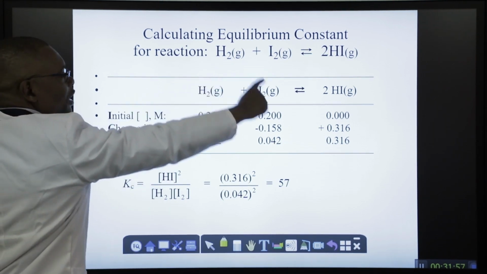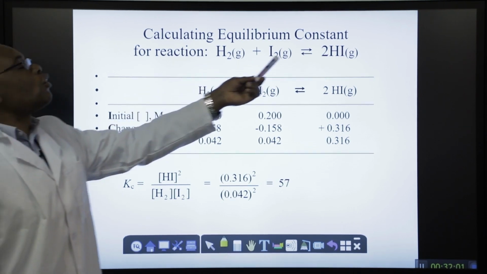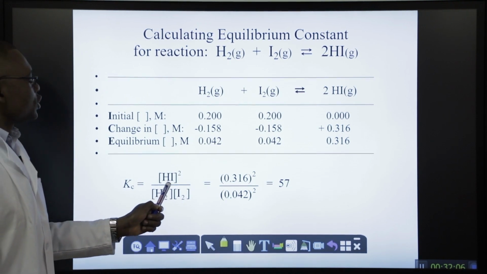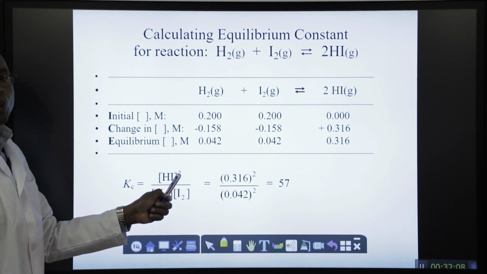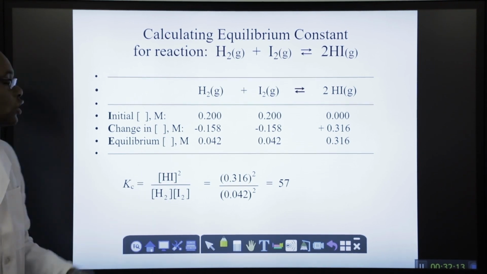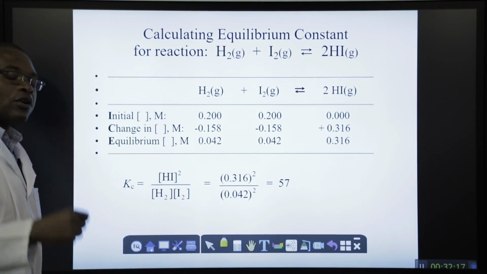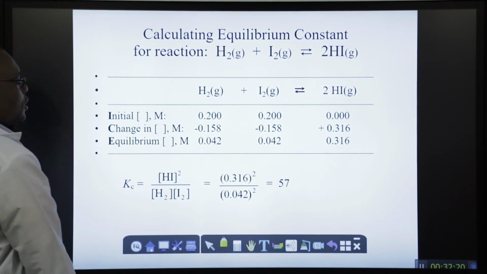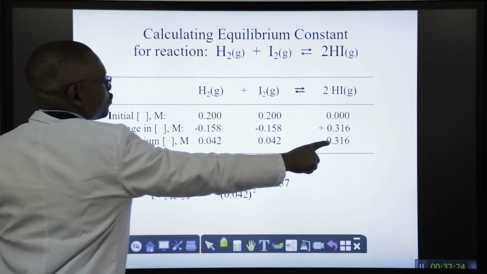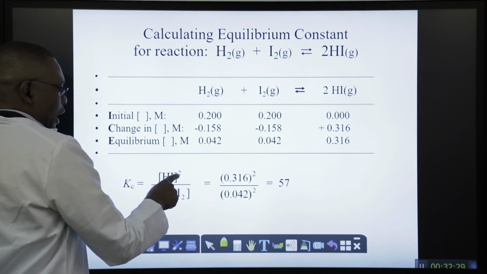What is the equilibrium expression for this reaction? We know that Kc is equal to products over reactants, so our representation here will be hydrogen iodide squared over the concentration of hydrogen times the concentration of iodine. And these are their respective equilibrium quantities. So if we substitute them in here, for our products, we have 0.316 squared.